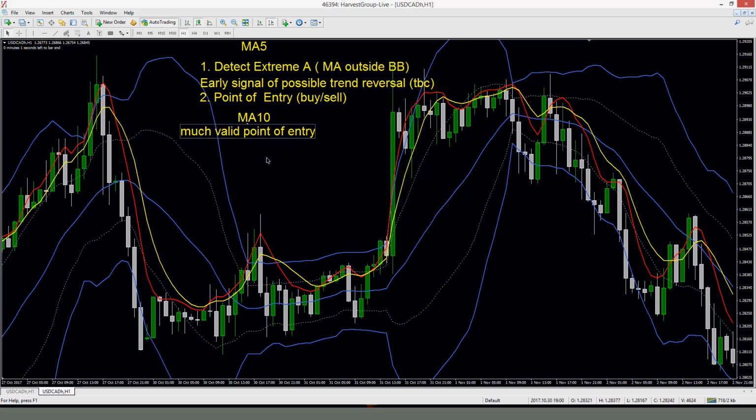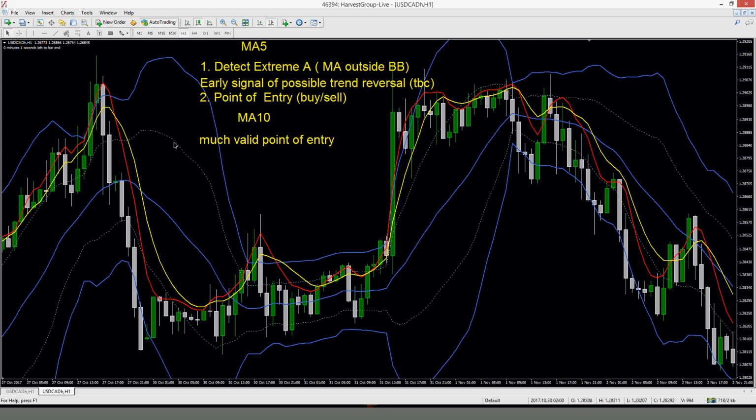You have to understand that whenever the candle rejects a certain indicator, in this case a sell indicator, then this is a sell entry.